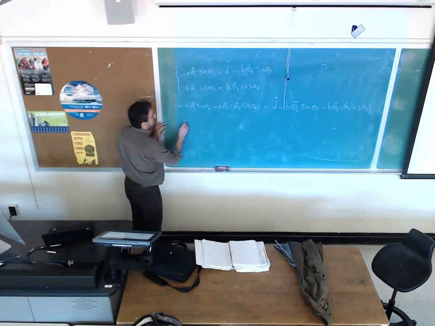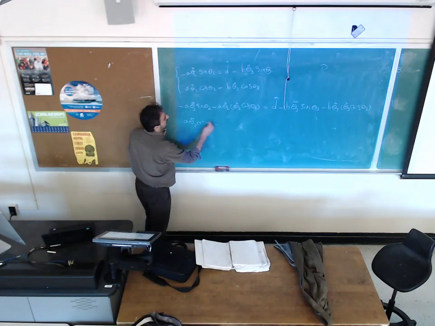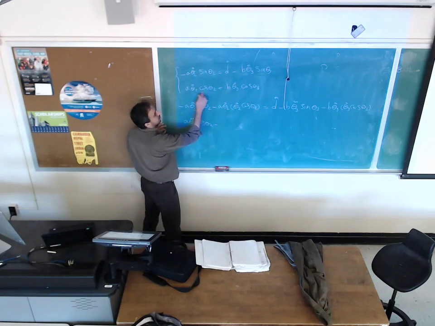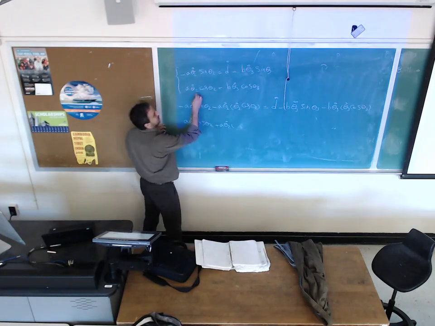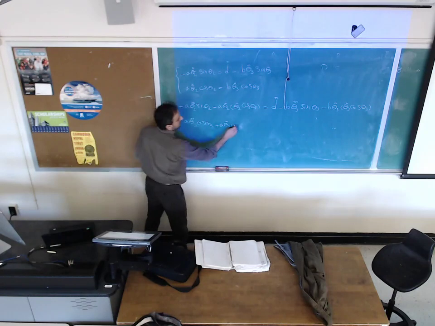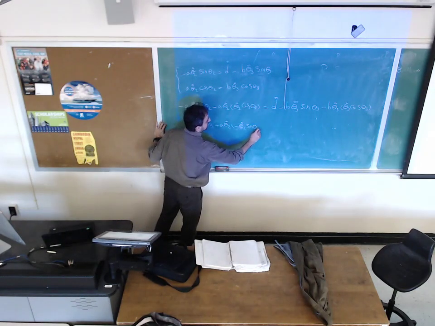Second equation is going to be A, derivative of this, theta double dot 2 cosine of theta 2, minus, let me write, A theta dot 2, derivative of this with respect to time is going to be negative theta dot 2 sine of theta 2.